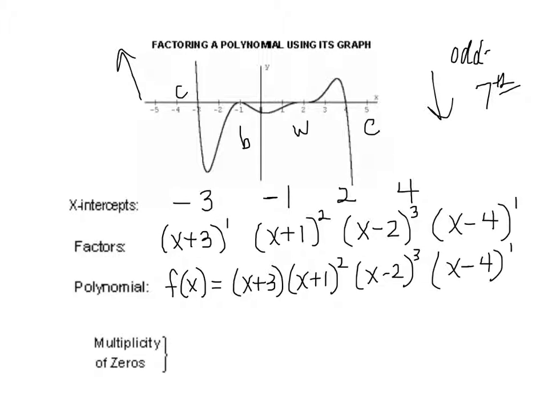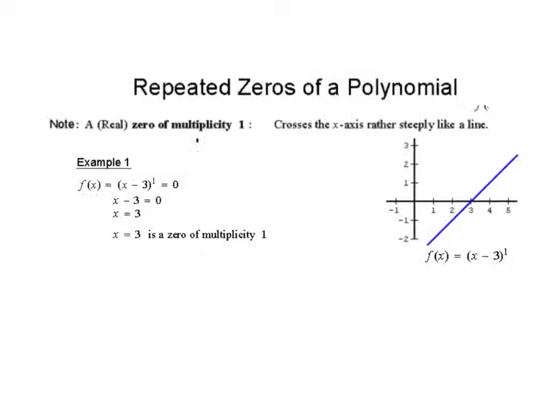The multiplicity then would be a multiplicity of 1, multiplicity of 2, multiplicity of 3, multiplicity of 1. Multiplicity just means, does it cross, does it bounce, does it wiggle? And so that's what you're looking for.